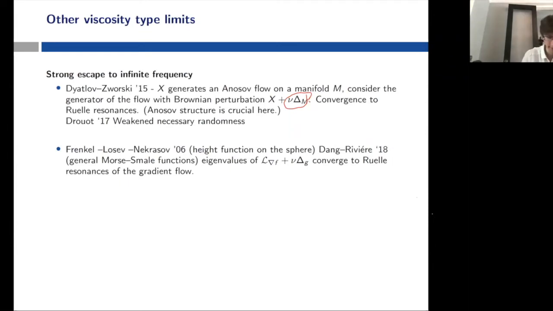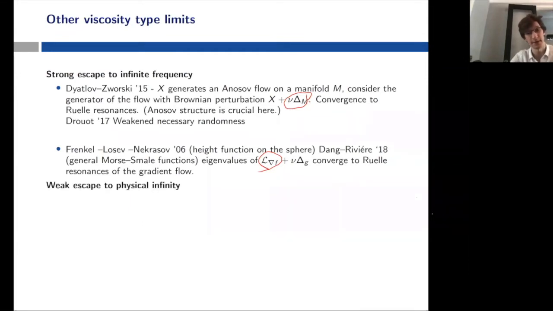So this Liouville vector field with the gradient of f is the generator of the gradient flow, and again, if you have the Morse-Smale condition, then your gradient flow will be hyperbolic, in particular Morse-Smale, and that causes rapid escape to frequency infinity. So when you add in this small perturbation, again, you get convergence of the eigenvalues to Ruelle resonances. So these are both strong escape to infinity.